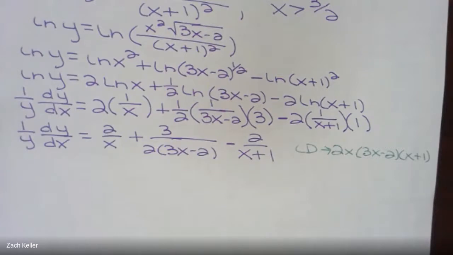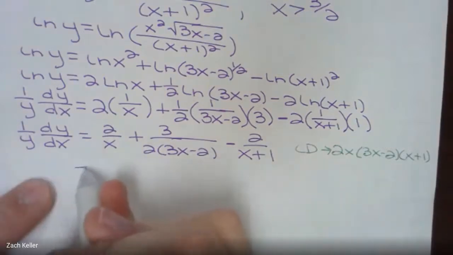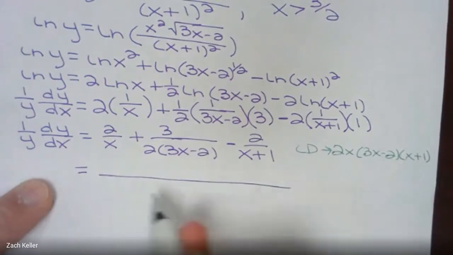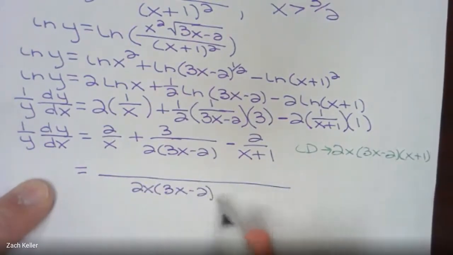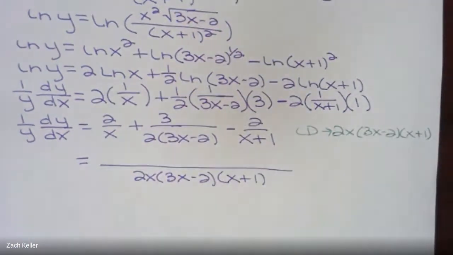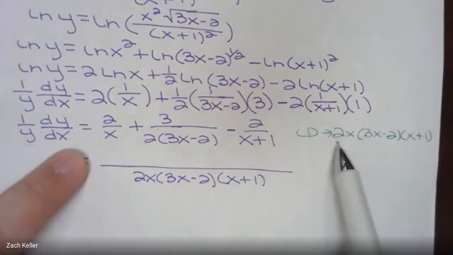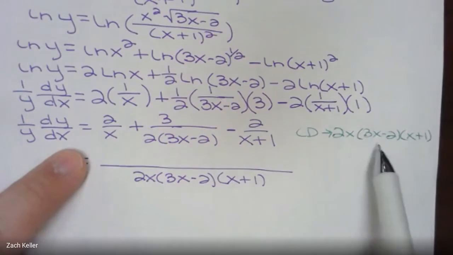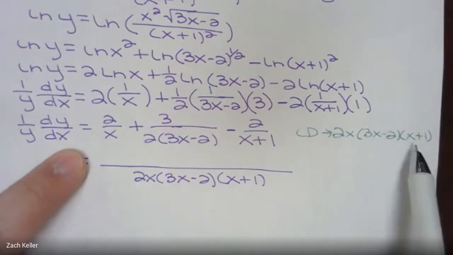Okay, so we're going to look at each fraction. I'm going to go ahead and write my common denominator already. And we're going to look at each fraction and see what part's missing. So this is kind of complicated. It's algebra, but it's kind of messy algebra. So if I look at my first fraction, I'm missing the 2, I'm missing the 3x minus 2, and I'm missing the x plus 1 in the denominator.